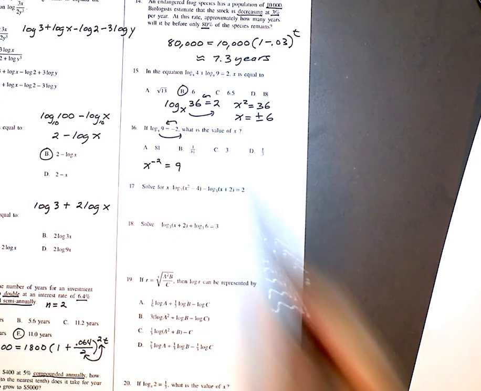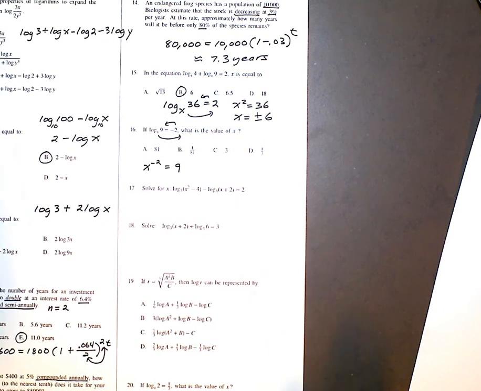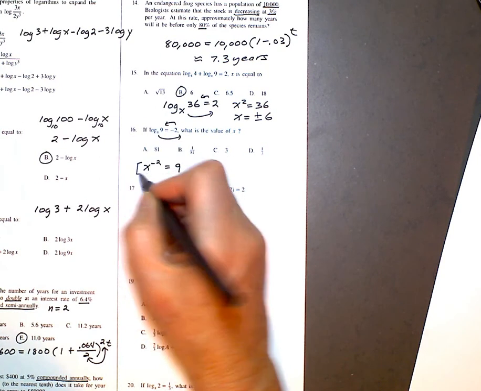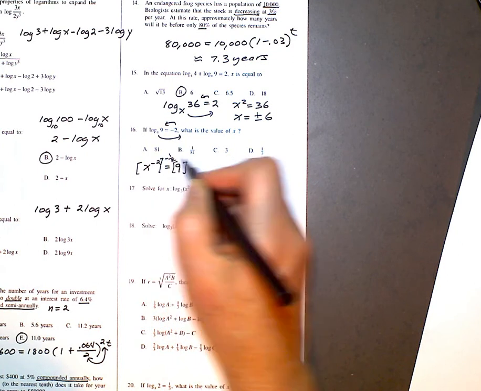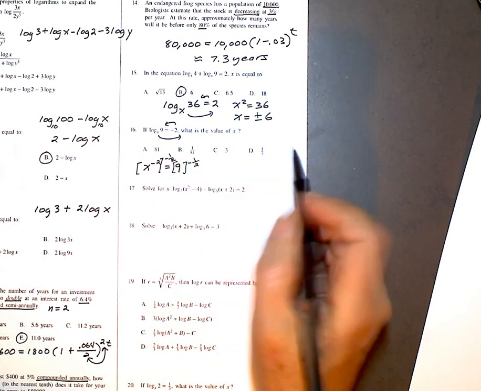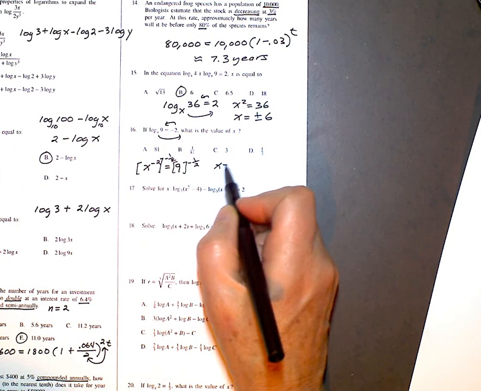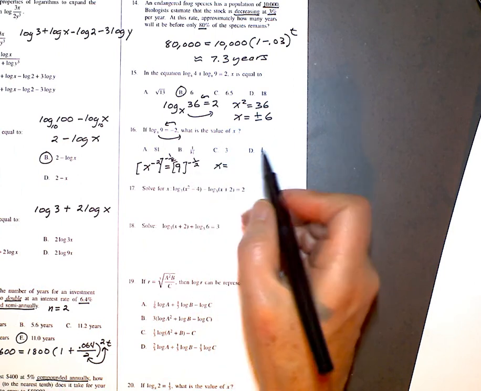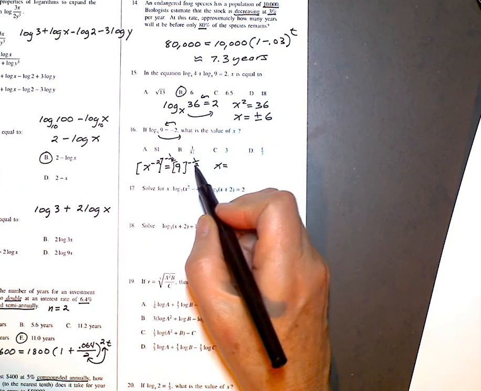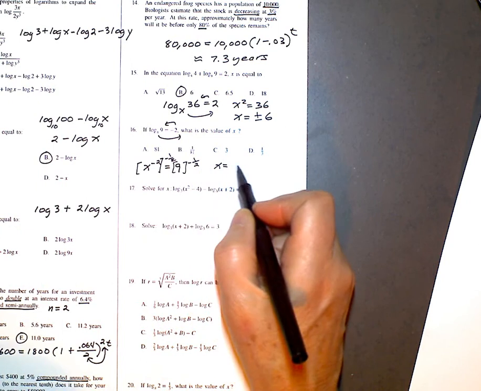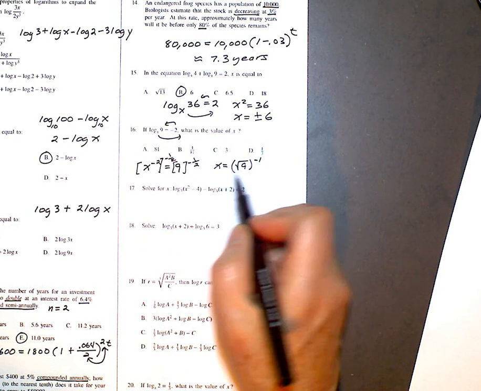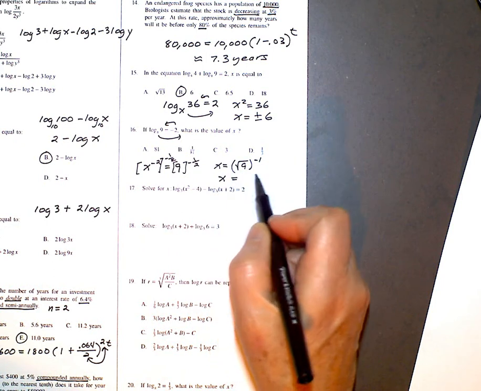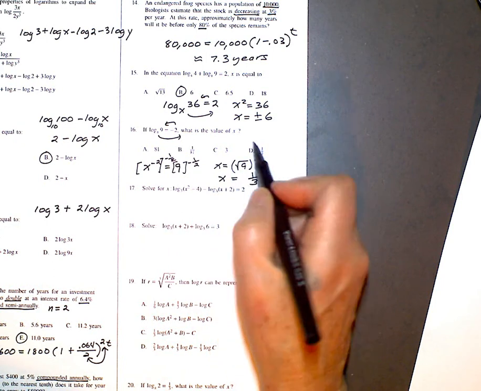And then I need to get this to be an x to the first. So if I raise both sides to the reciprocal power, negative 1/2, I get x equals 9 to the negative 1/2, which says the square root of 9 to the negative 1. So the reciprocal of the square root of 9, so the reciprocal of 3, or 1/3, which is choice D.